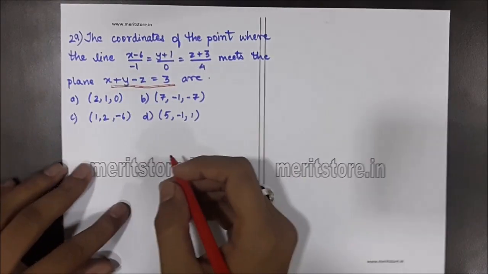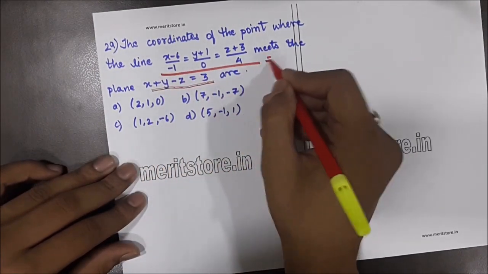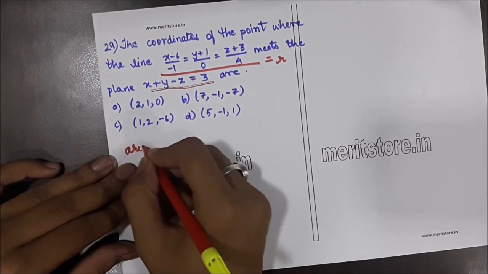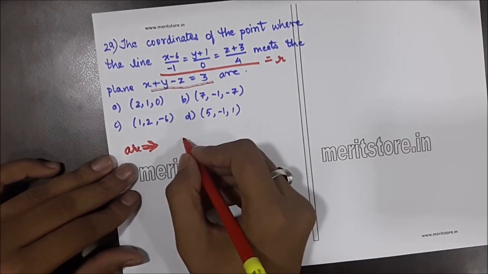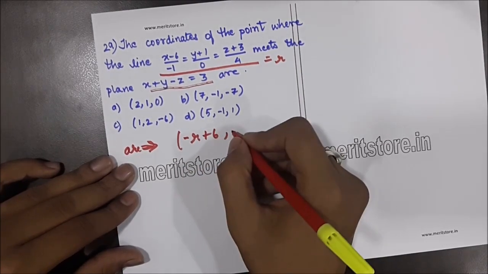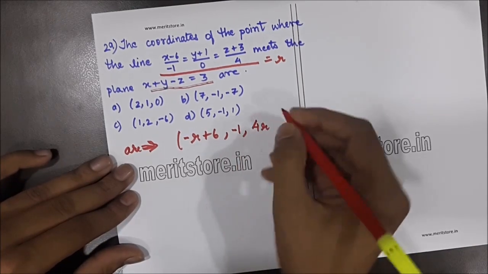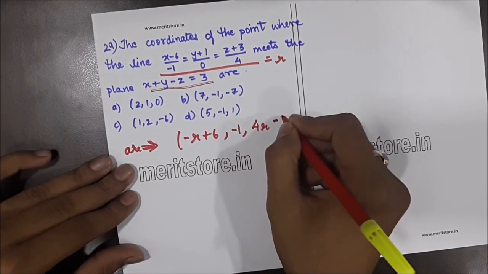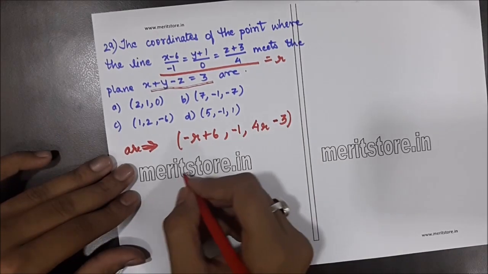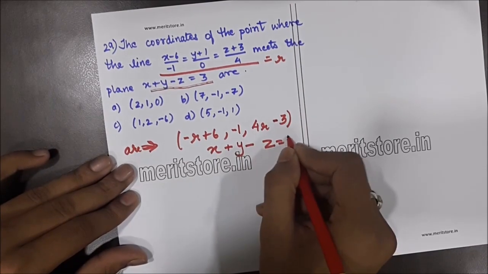So the points are on the line. Setting this equal to r, they are (-r + 6, -1, 4r - 3). So this will satisfy the plane x + y - z = 3.